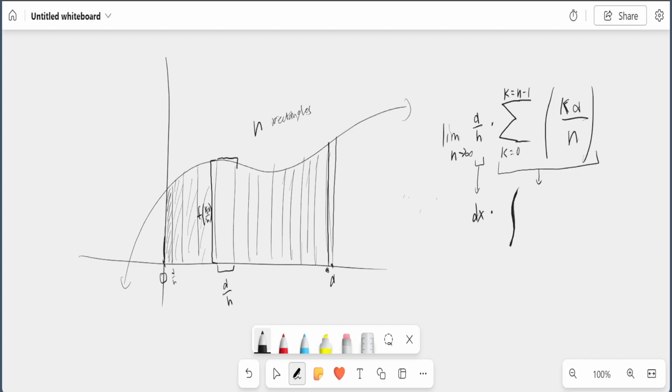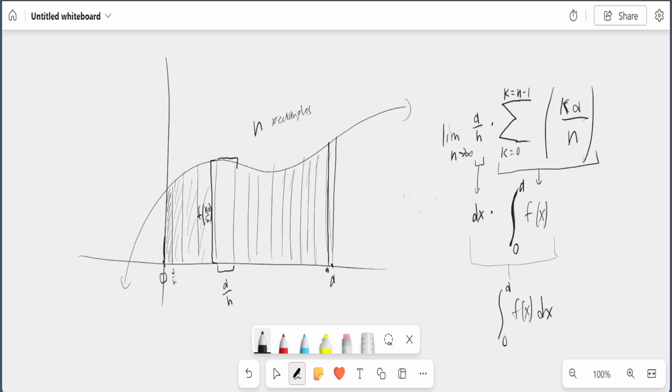We call that the integral of f of x from 0 to whatever we chose, from 0 to a. And we can write this with proper notation as the integral from 0 to a of f of x dx. Does that make sense? What I just did there?